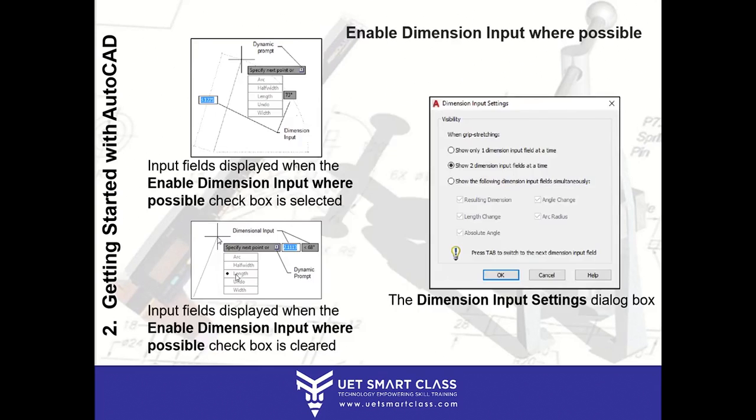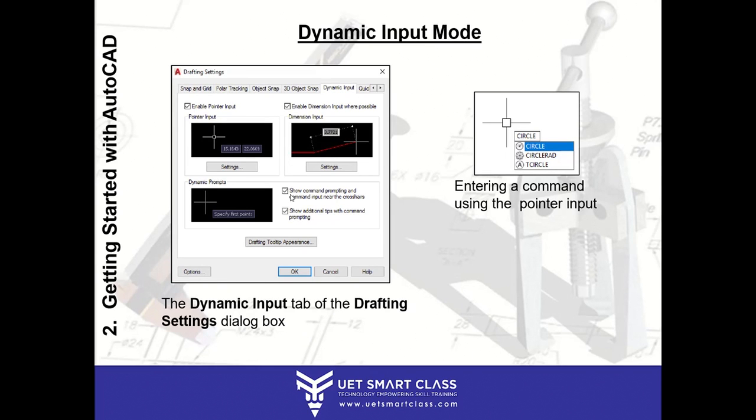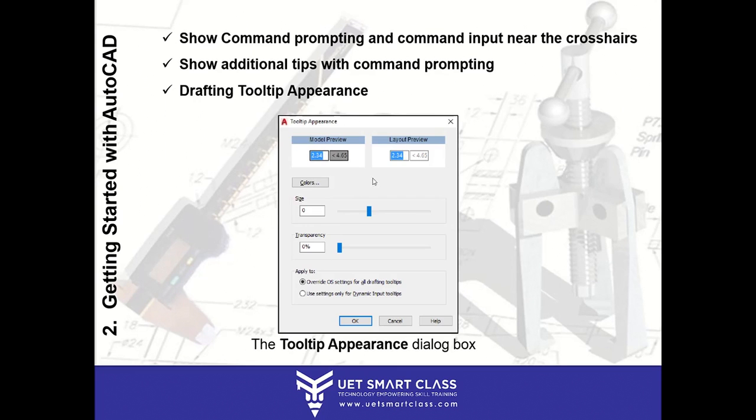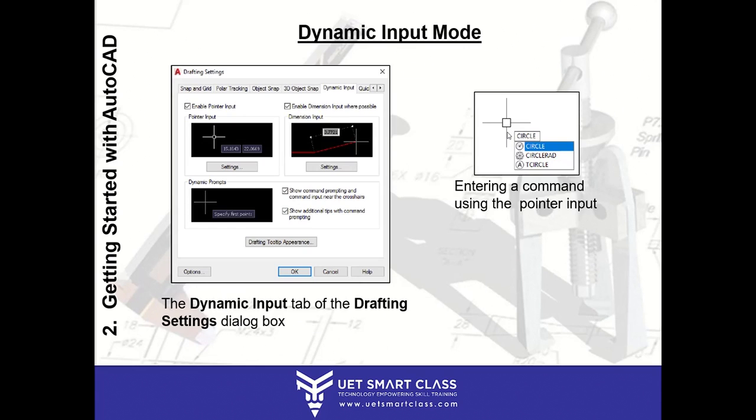Now, as I had shown you first, there are three checkboxes here, two checkboxes here: show command prompting and command input near the crosshairs, and show additional tips with command prompting. So basically, select this checkbox, and the prompt sequences will be displayed near the crosshairs. That is the cursor. All right. This is your crosshair.